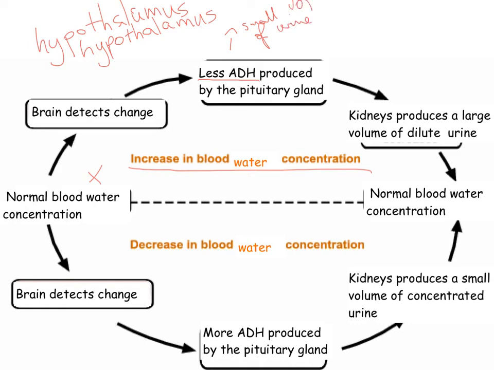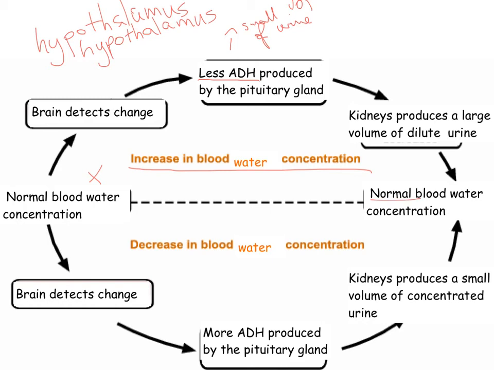So if you've drunk a lot of water you want to produce a large volume of urine, and therefore you don't want to be producing a lot of ADH. So the pituitary gland produces less, and that means that the kidneys will then produce a large volume of very dilute urine. And your blood water concentration goes back to normal.